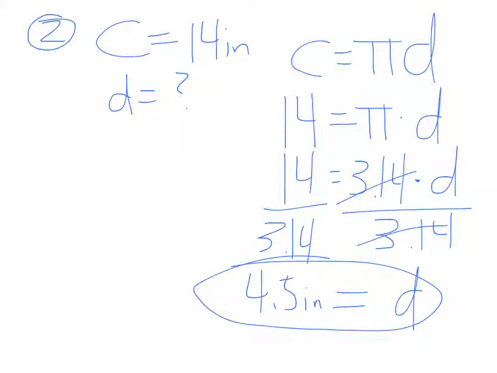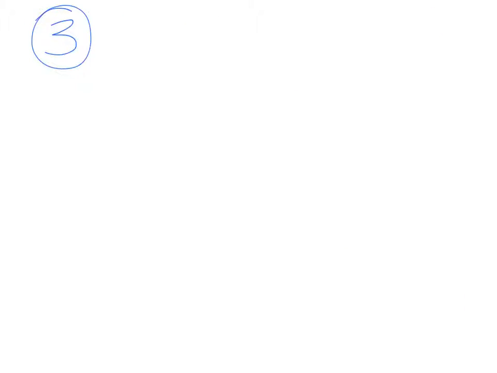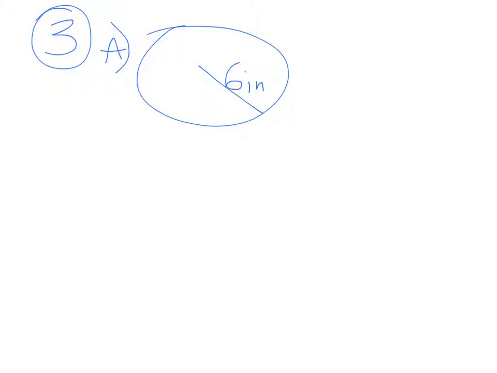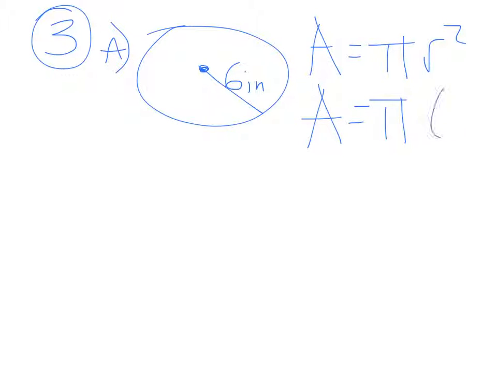Let's go to example number 3A. I want you to find the area, and it's got the radius of 6. So area is pi r squared. This would be pi times 6 squared. So if we were in Khan Academy, you just write 36 pi.